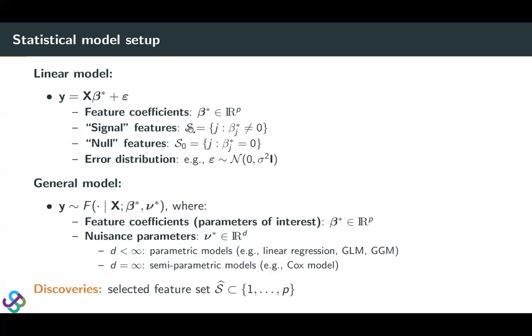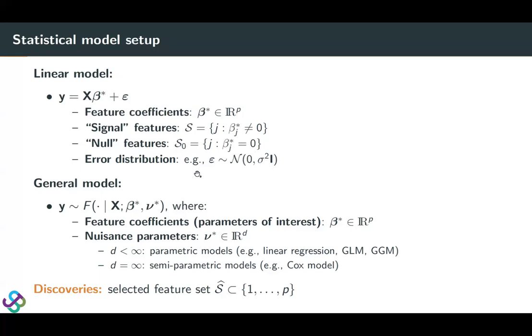Typically, the signal feature set is small, with a size much smaller than P, and the null feature set is bigger. We also need to assume the error term follows some distribution. In our class, we use the simplest one. That is, the error terms are independent and have the same variance sigma squared.